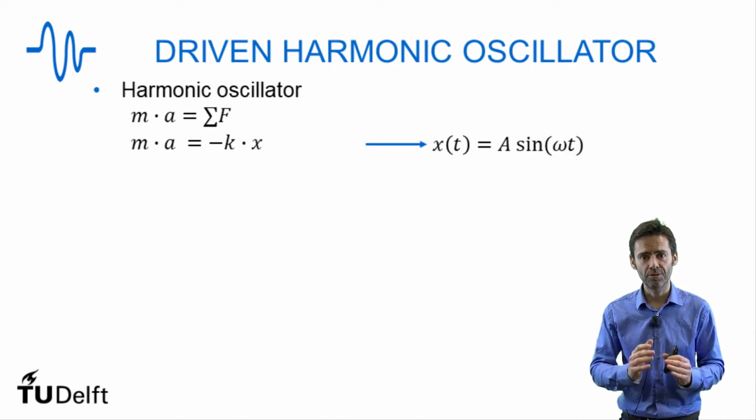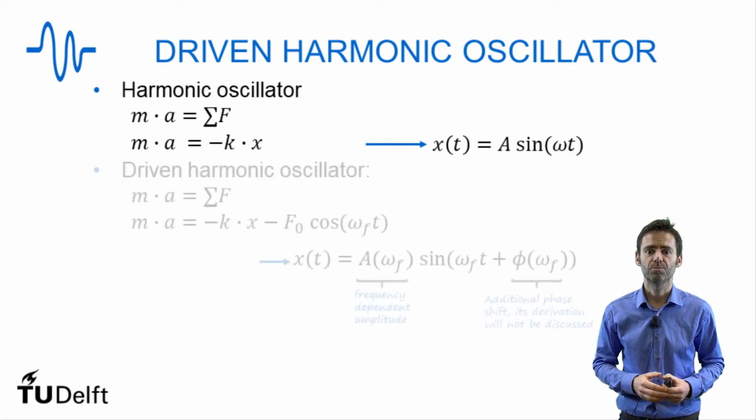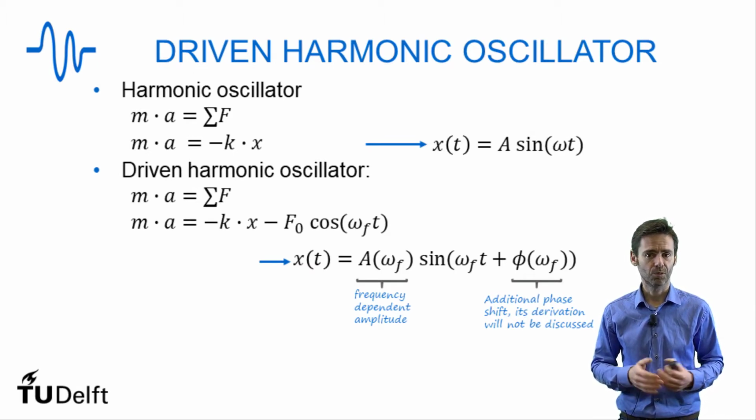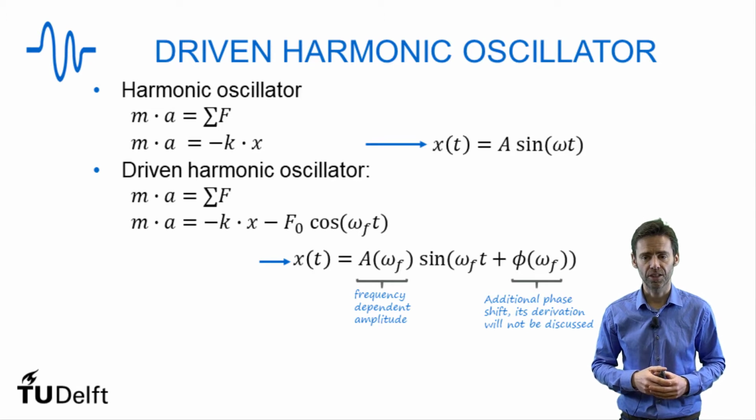Now, when we start driving it with a force, we have to, of course, add this to the balance of forces. So in this case, we get m times a is equal to minus kx minus F0 cosine omega_f t, where omega_f is the driving frequency and F0 is the force with which we drive this harmonic oscillator.